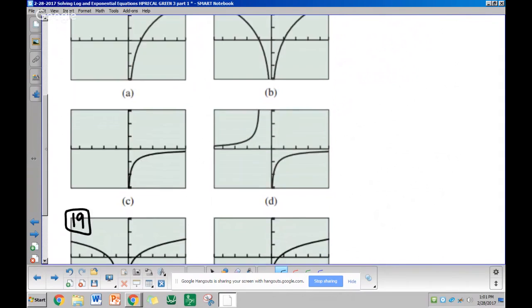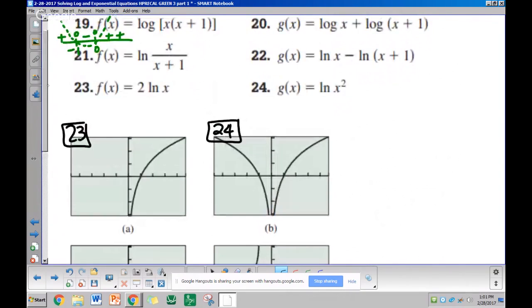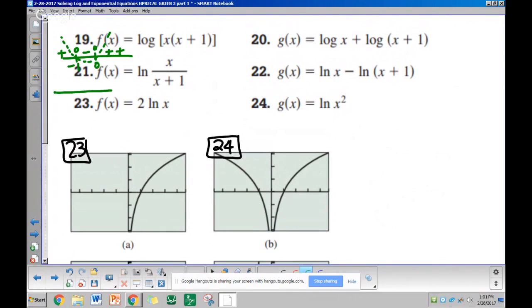All right, so let's do 21. Let's do a sign chart for the domain here. When is this one 0? So 0 when x is 0. It's undefined when x is negative 1. I'm going to put an open dot here, and I know that's an asymptote of some sort, okay?